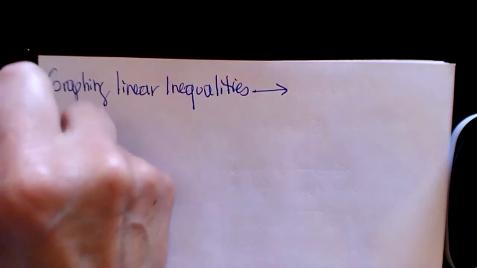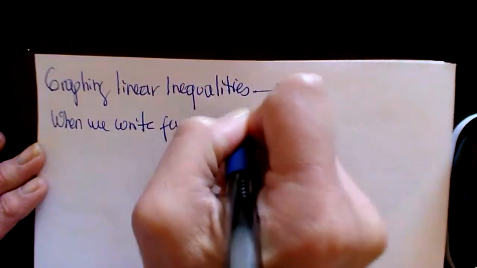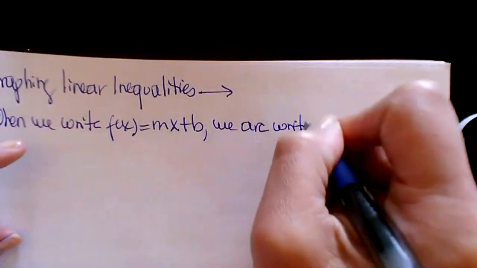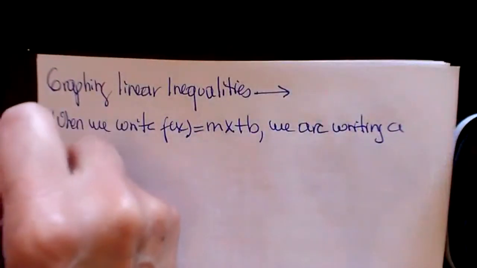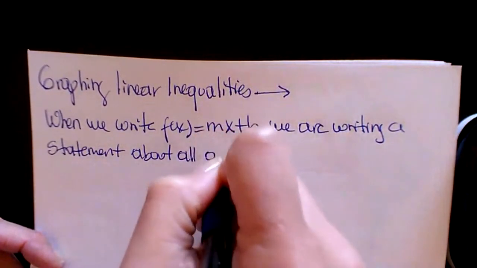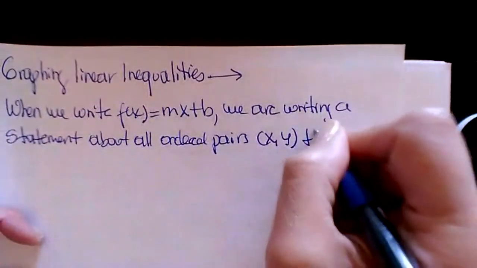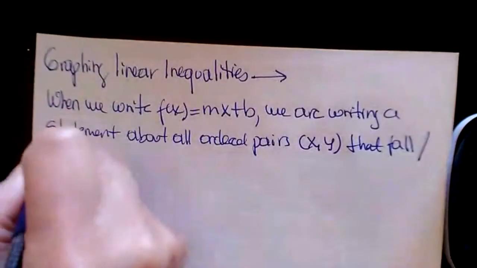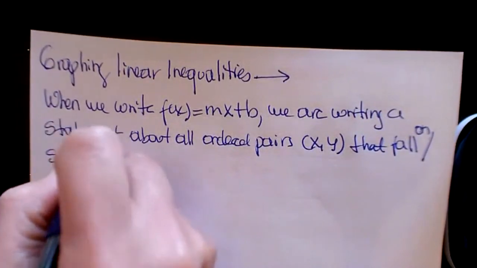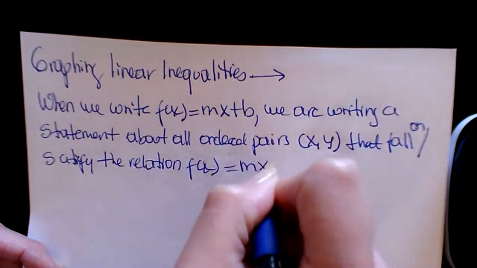So let me write that down. When we write f of x equal to mx plus b, we are writing a statement about all ordered pairs, which is x, y, that fall on or satisfy the relation f of x equal to mx plus b.